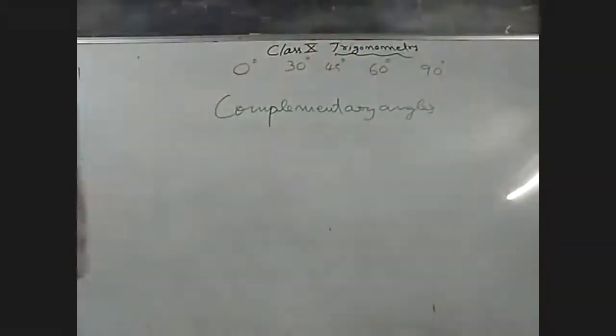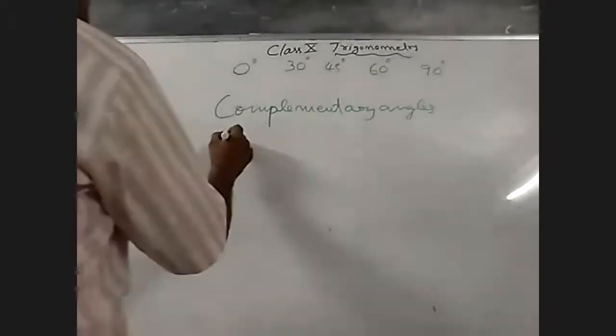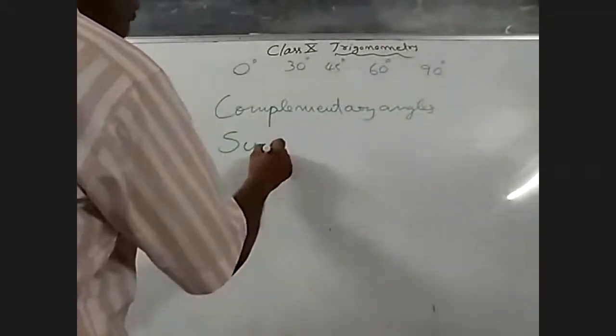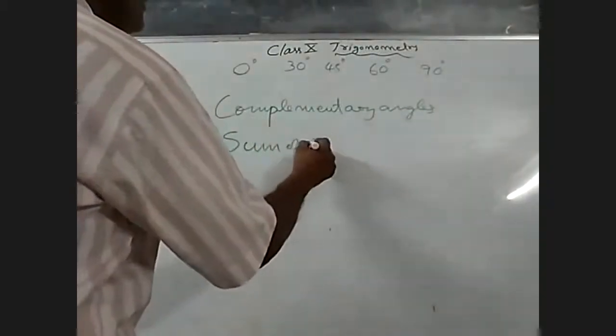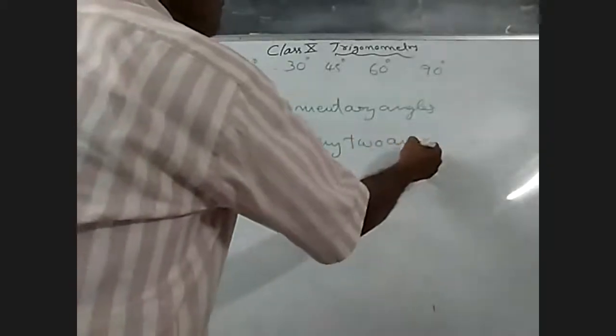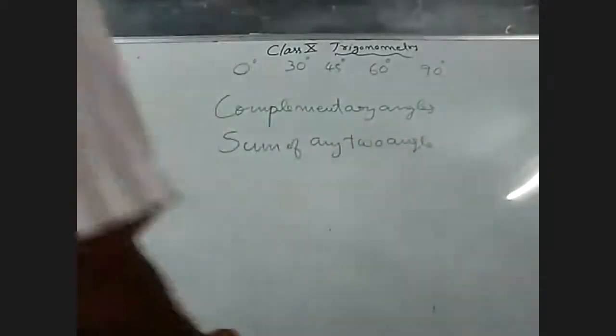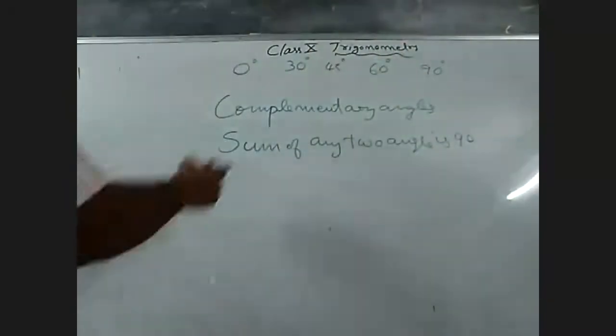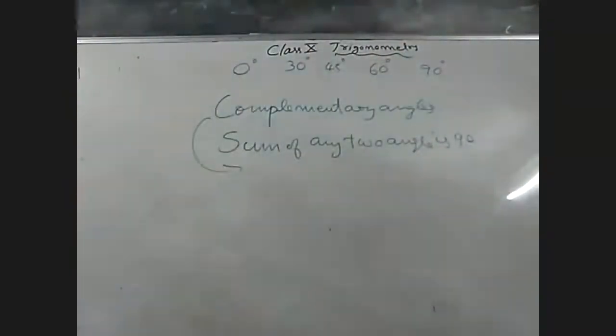The sum of any two angles is 90 degrees, then they are called complementary angles.